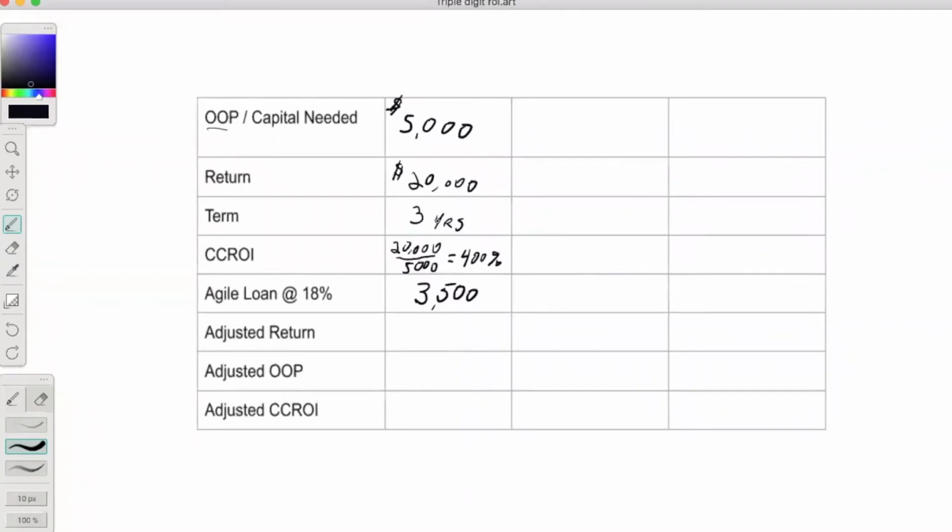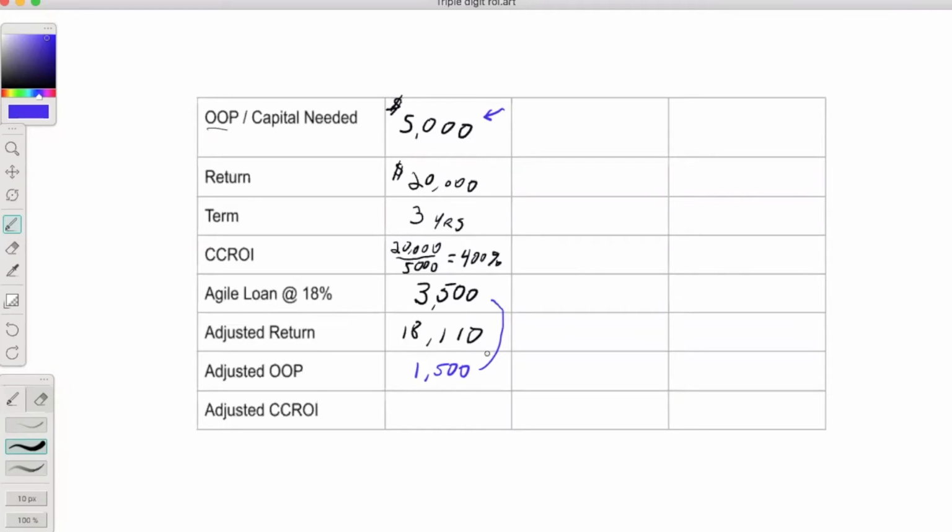Now, instead of getting $20,000 as your return, as we had up here, it's now going to become $18,110 because you've got to pay the interest on what you borrowed. However, instead of putting in $5,000, you're only going to put $1,500 out of your pocket, because you've got $3,500 from your Agile loan and $1,500 of your own money.